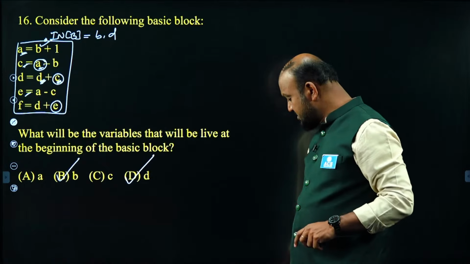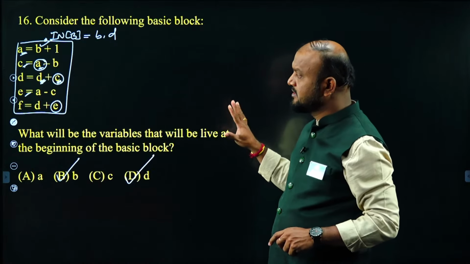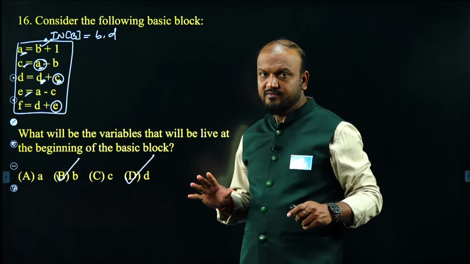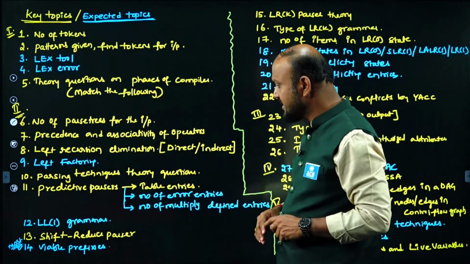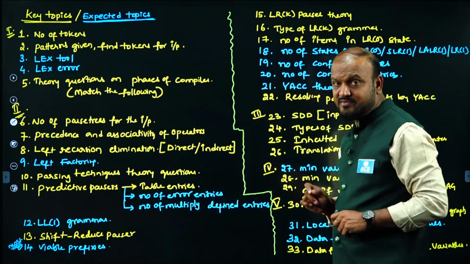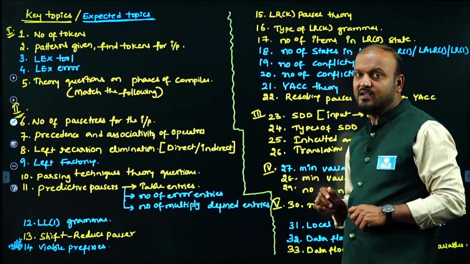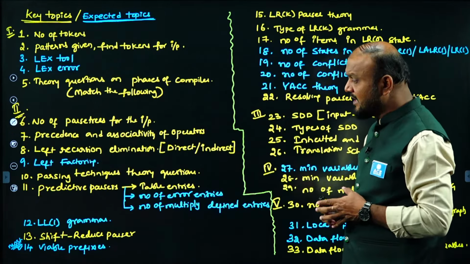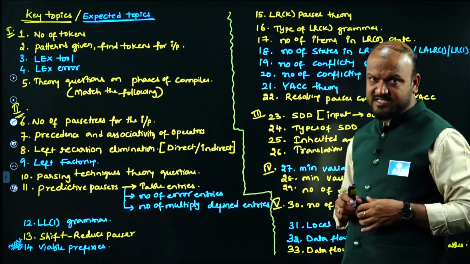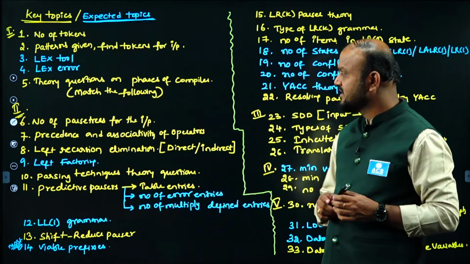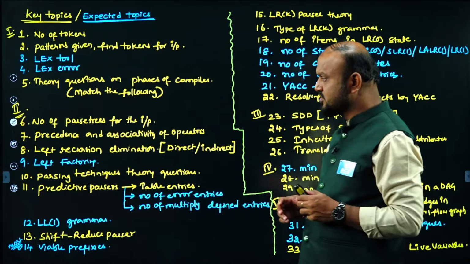Okay, this is all about the topics from where questions are possible to be asked. When I was taking one live session for the online live batches, I listed all the key topics where you can get questions. I just thought of showing you this slide.